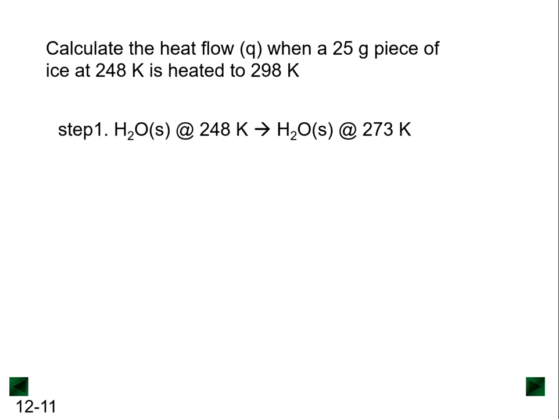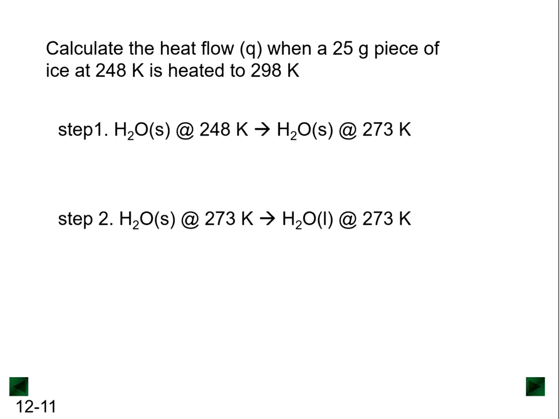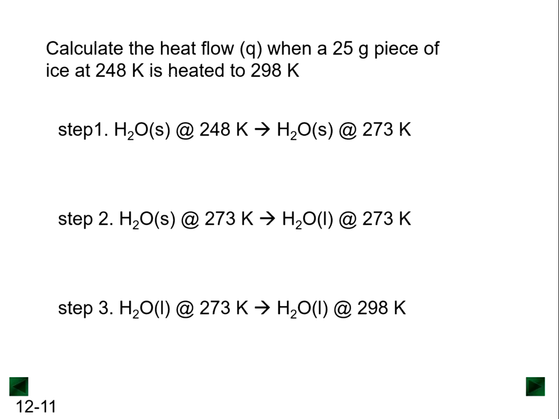Once we've reached the freezing point, then we begin melting the water. So at 273 Kelvin, we convert from solid to liquid. Then we heat the liquid water from 273 Kelvin up to 298 Kelvin. Those are our individual steps.